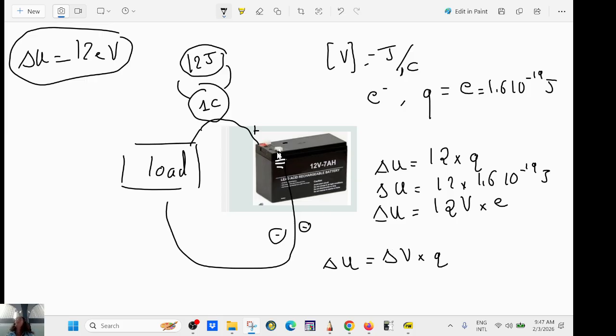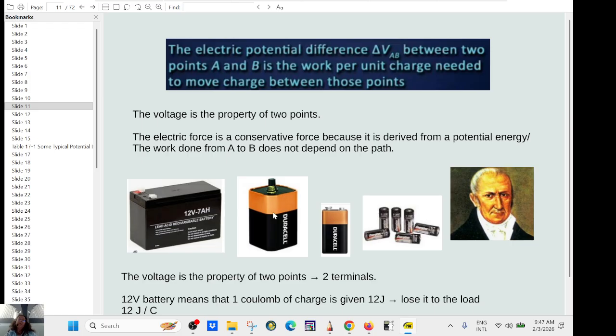So each electron delivered by the battery has an energy of 12 eV. Each coulomb of charge has an energy of 12 joules. Are you with me? Isn't that interesting? Here we have a 6-volt battery, the long-term battery they use for camping.